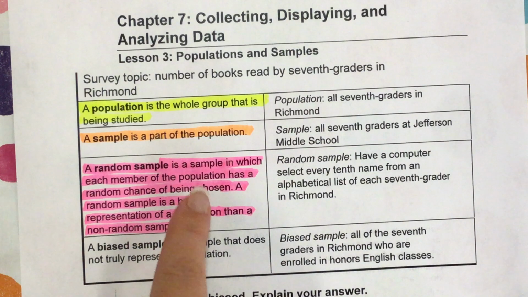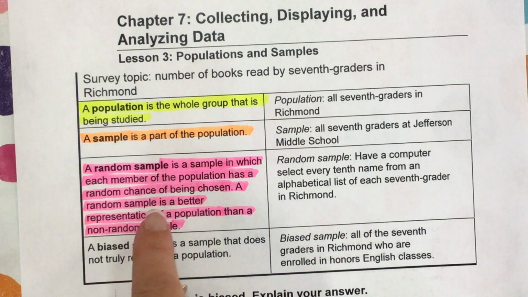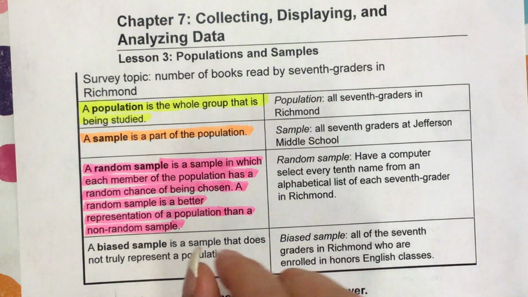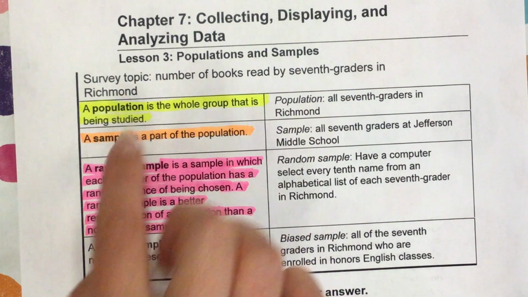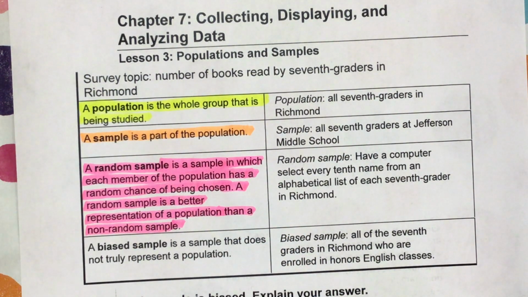And what they say sometimes, if you're able to create an actual random sample, that will tell you the same information that you would get as if you studied the entire population. So this idea of using random samples is very, very big in statistics. So you always want to try to get a random sample.